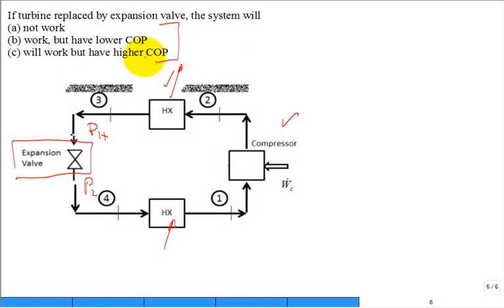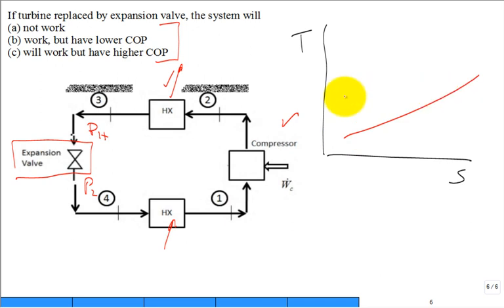Well, let me pick it up at this point. One good way to analyze or answer this question is to think about the property diagram. One of our favorite property diagrams is a temperature-entropy diagram, and we're very familiar with it. We have our low pressure and our high pressure, PH and PL. First, I'm going to reproduce it for the Brayton gas power cycle.